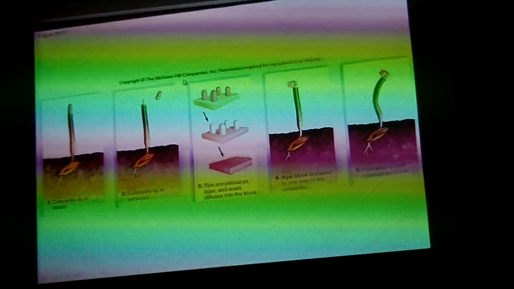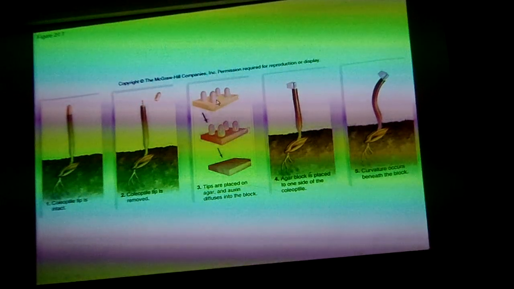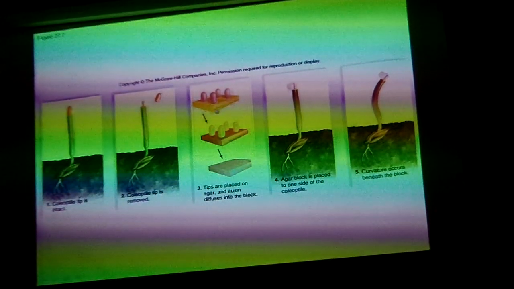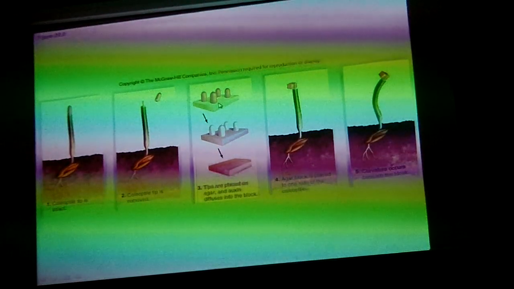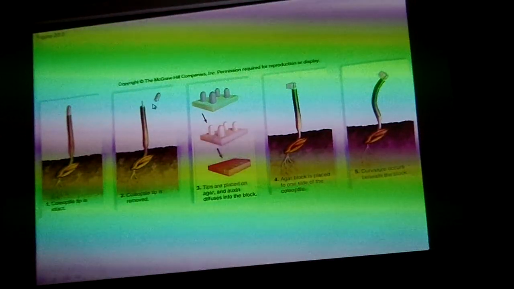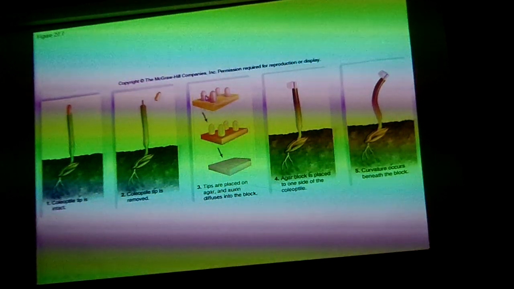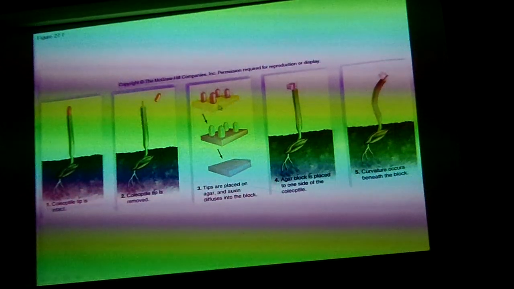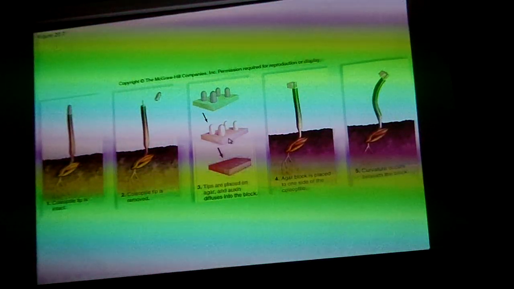Now that he cut it off, he set it on top of an agar block. He had a whole bunch of tips that he had cut off, not just one but several. And what happened was the hormones that were in the tip sunk into the agar. They show that in this picture by having the tips be purple. And now, after some time has gone by, the agar is purple.